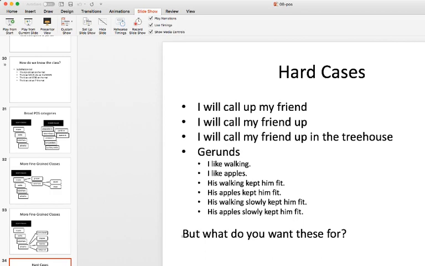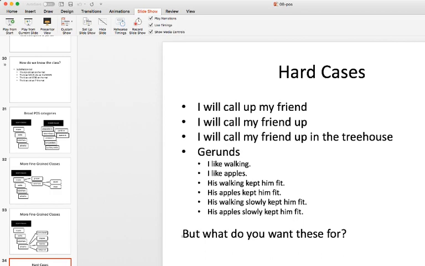So it looks like up is occurring after friend, just like a particle, but the structure of the sentence is different. This up is actually associated more closely with in the treehouse, and you can test that and show that it's true. So this one is a preposition. So you have to distinguish particles from prepositions.